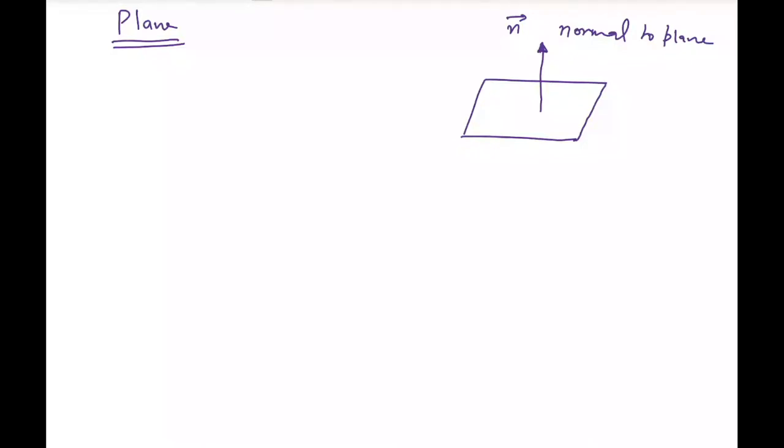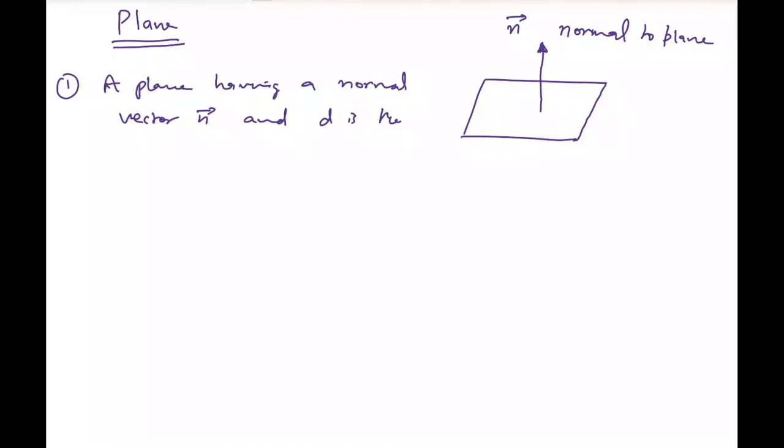So the first formula is for a plane having a normal vector n vector, and we are given d. d is the distance of the plane from the origin.